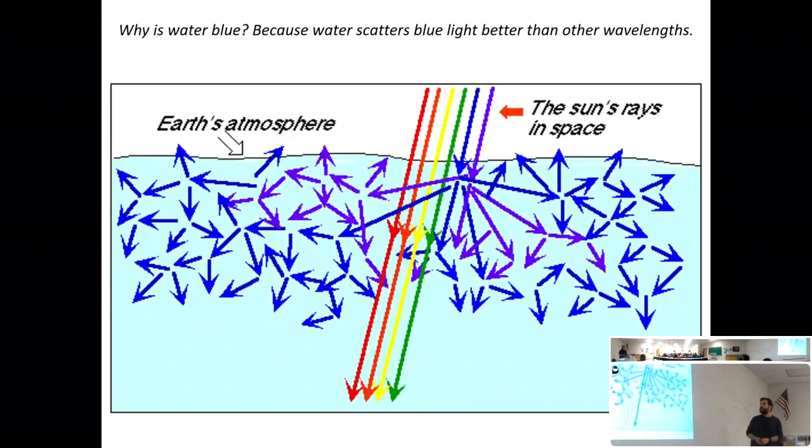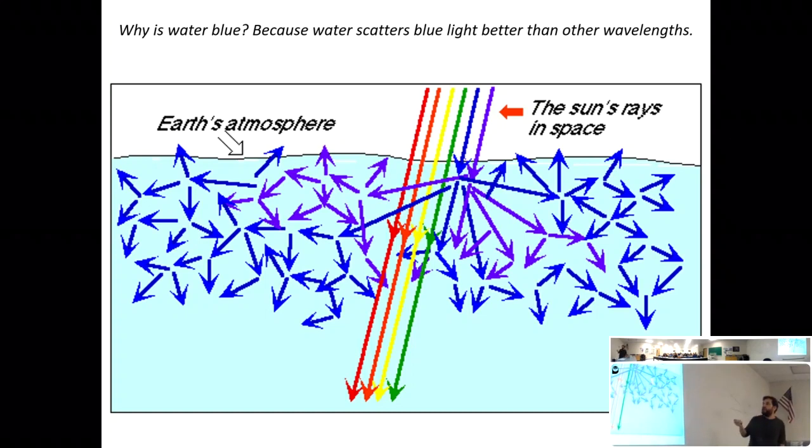It's blue because the light that comes from space, from the sun, is a mixture of every different light. Like when you see the rainbow or a prism, you see that sunlight is actually composed of all these different colors. When you see a mixture of light, you see plain white light. But water doesn't treat all wavelengths the same way.